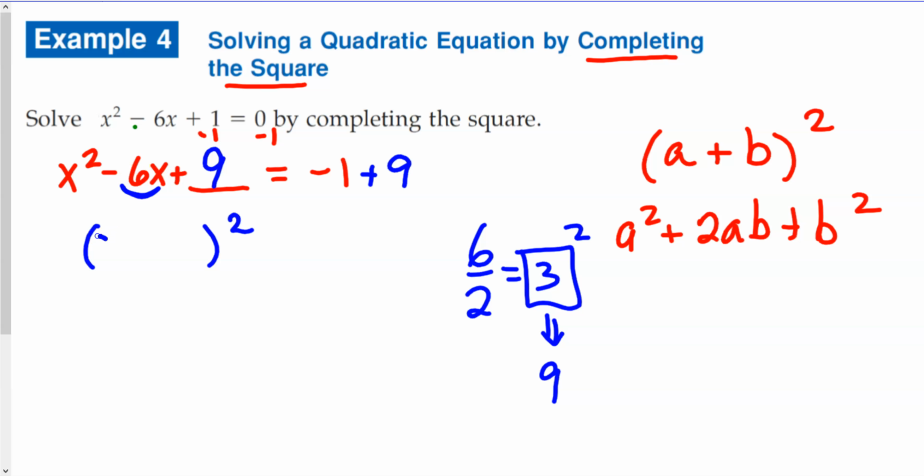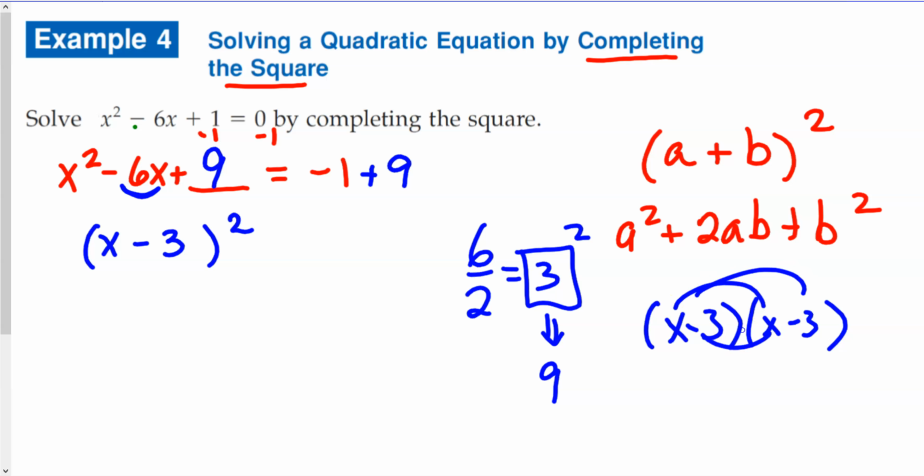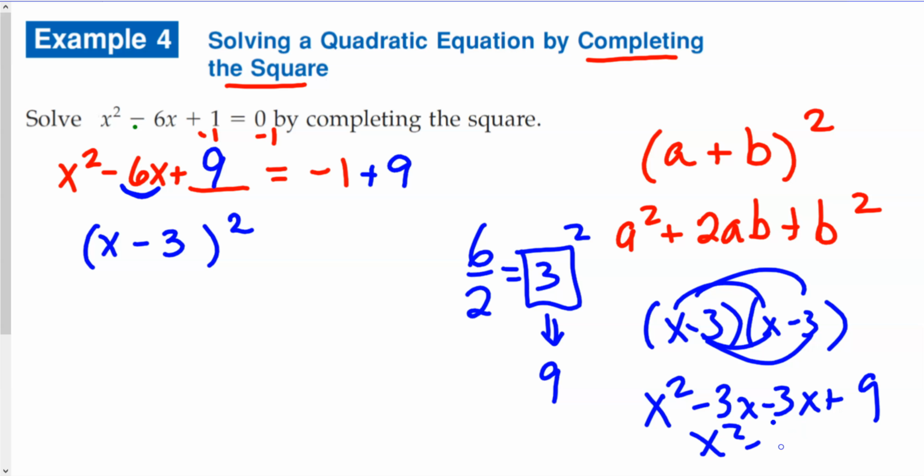And that perfect square is x minus 3, because x minus 3 times x minus 3, if you remember FOIL, gives me x squared minus 3x plus 9, or x squared minus 6x plus 9. So this factors into this. Alright, and on the right hand side, negative 1 plus 9 is 8.